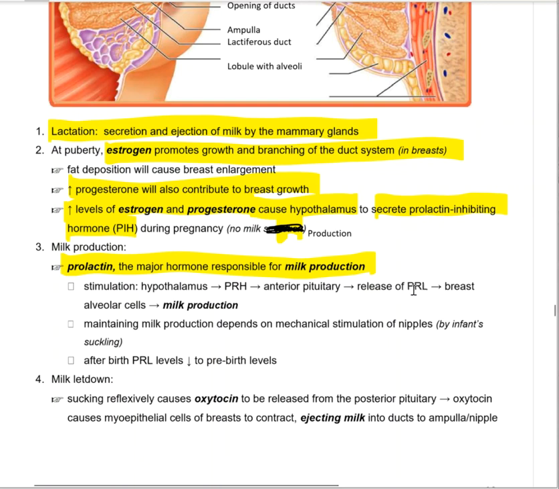It releases prolactin, PRL is prolactin. That will go to the breast alveolar cells, and that will cause milk production. So that is mostly review. Now, maintaining milk production will depend on mechanical stimulation of the nipple by the infant suckling. All right, so that will continue to have production occur.